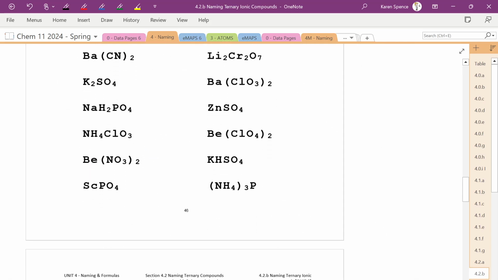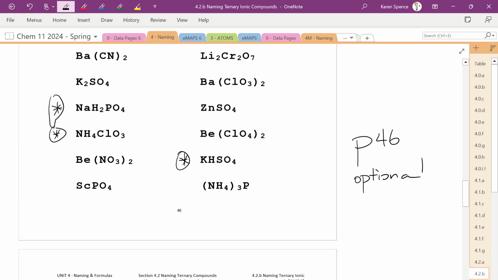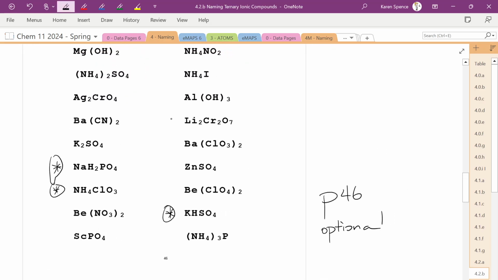So page 46 is optional. You might want to take a look at, say, this one here, and this one here, and this one here. I'll just pick out the ones that I think might be more confusing for you, and this one here, and this one here. Try those ones.